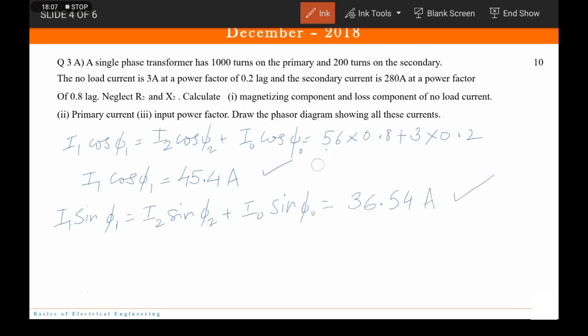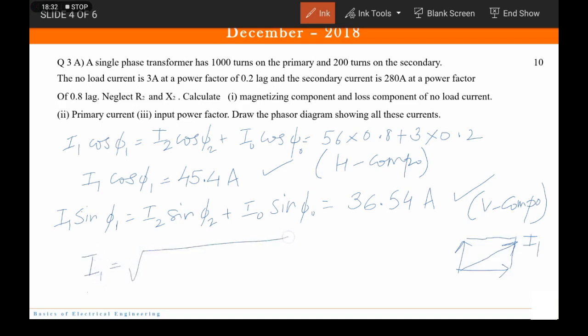So now I have the horizontal component and the vertical component. Now I know how to take the resultant. How to take this vector resultant? I have to square them and then take the square root.